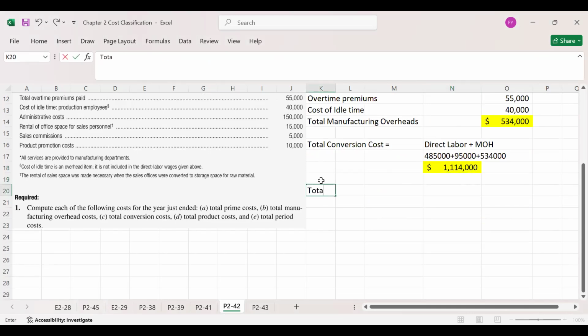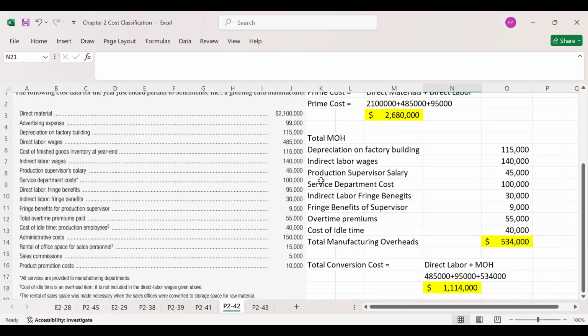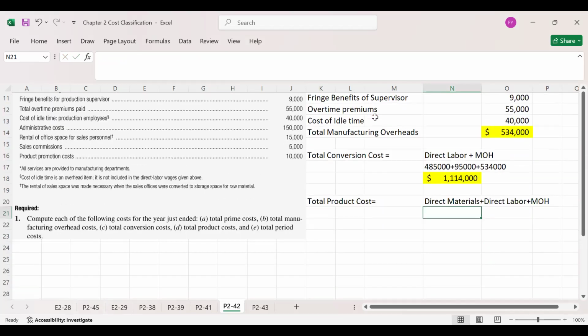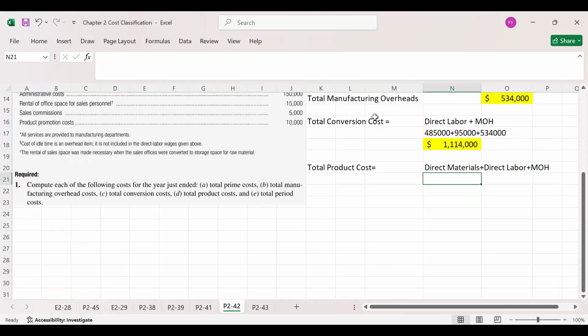So total product cost includes direct materials, direct labor, and manufacturing overhead. So direct material is $210,000.